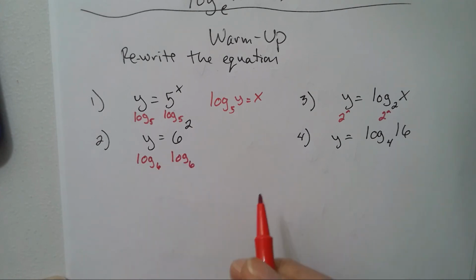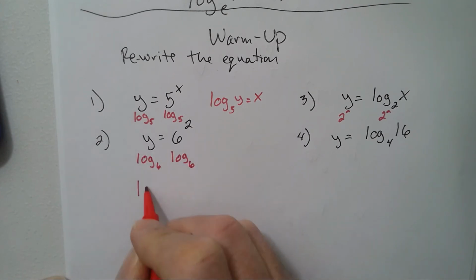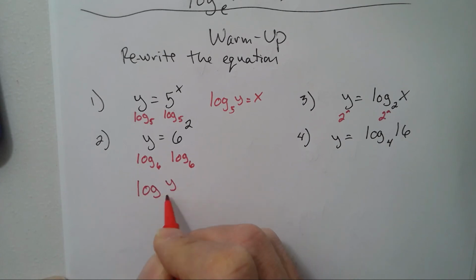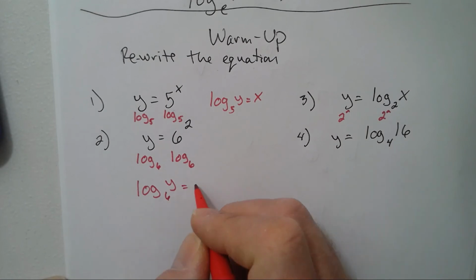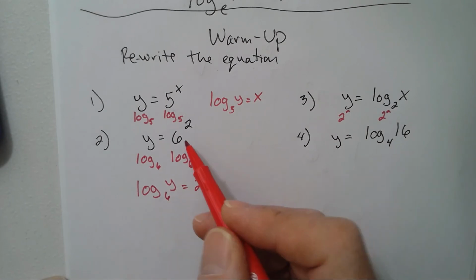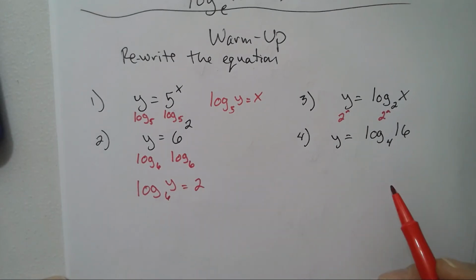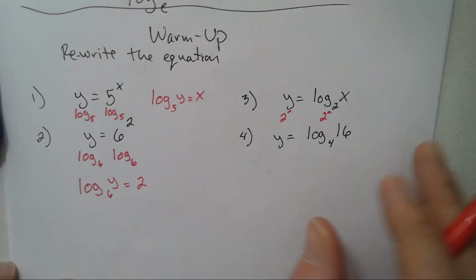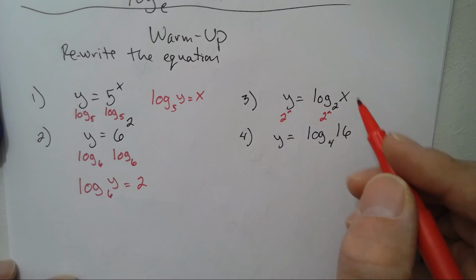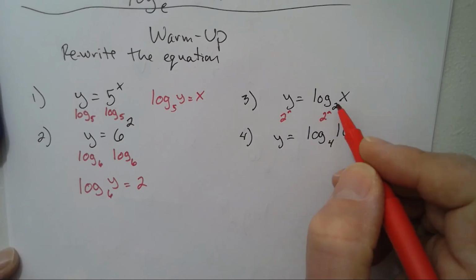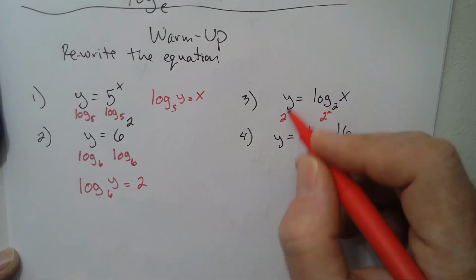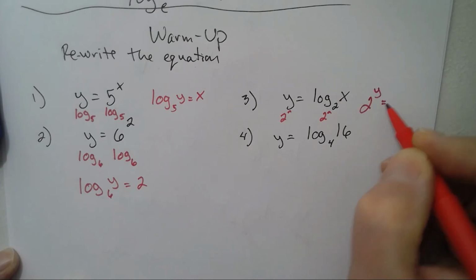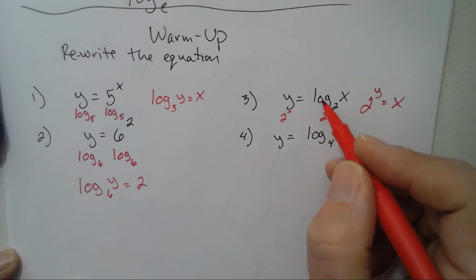So on the left, we're going to have the log of y base 6, and on the right, that's equal to 2. That undoes the 6. And number 3 here, the base is 2, so we do 2 to the power of each side. So 2 to the y equals x. That gets rid of the log base 2.